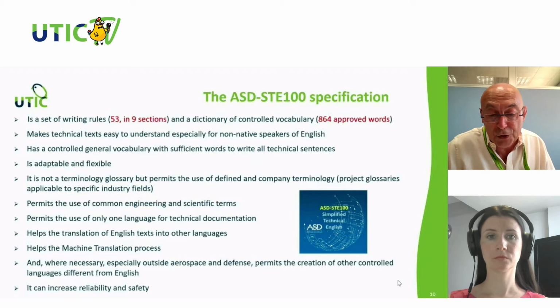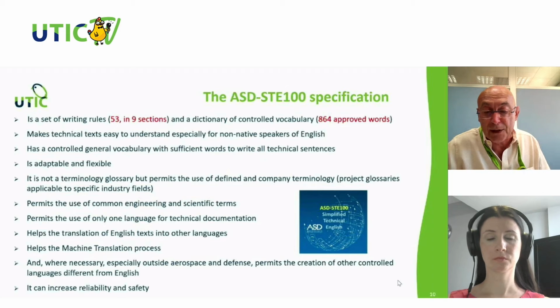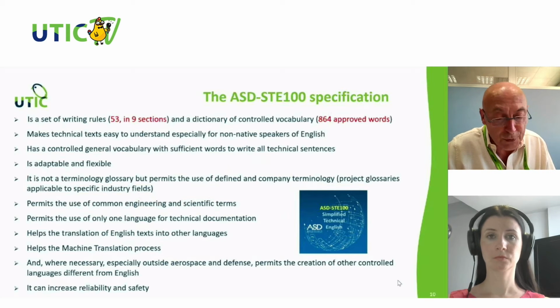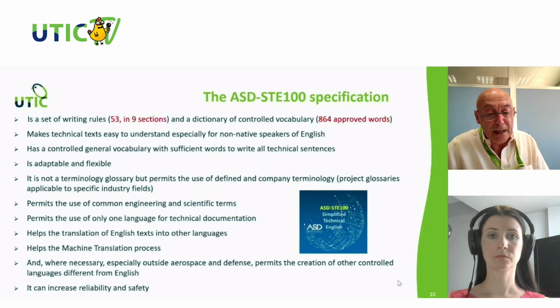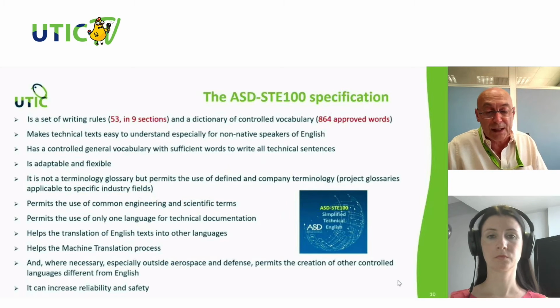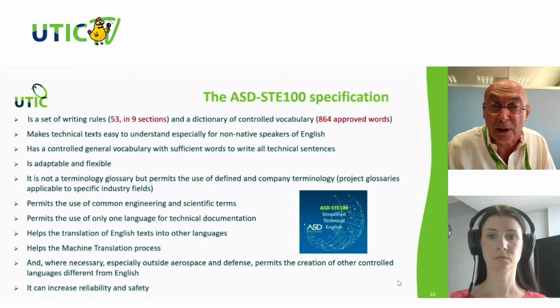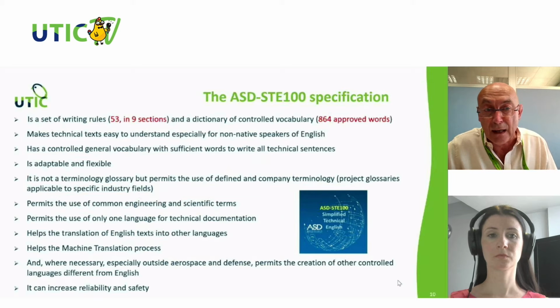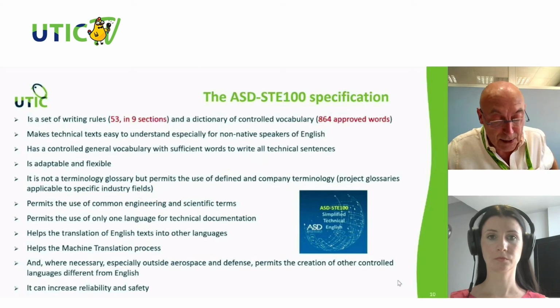And then we have a control vocabulary of 864 approved words. So it is intended to make the technical text easy to understand by everyone, especially the non-native English speakers. And it has a control vocabulary with sufficient words to write all technical sentences.